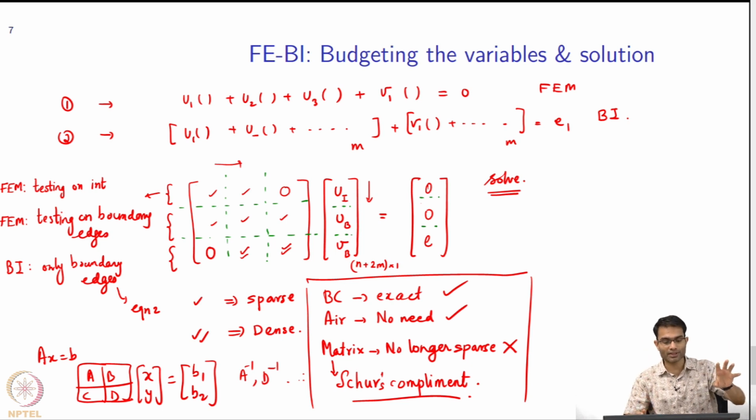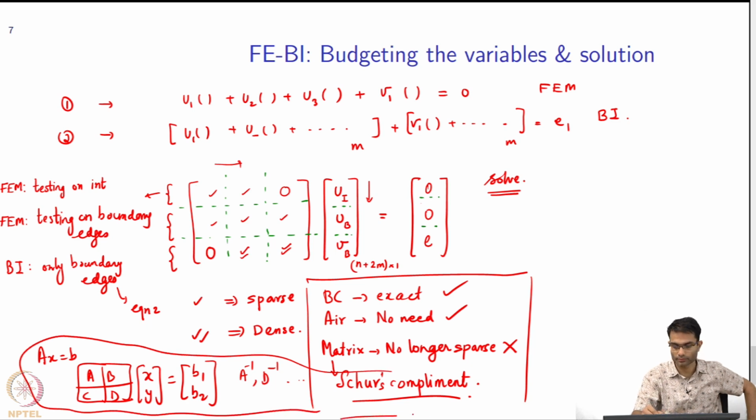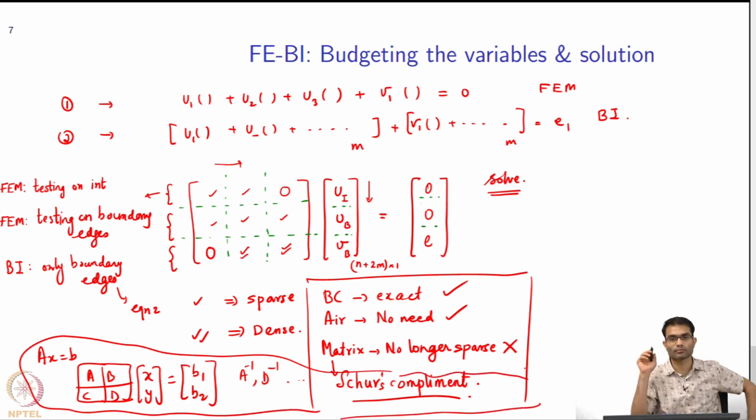For example, A might be the sparse part, so its inverse is easy to do. Those are the kinds of tricks that Schur's complement does. One of the blocks can be a 0 block, and so on. This is pure linear algebra.